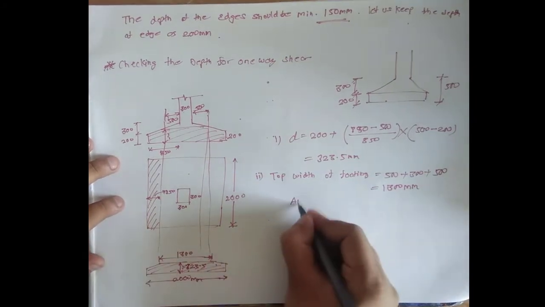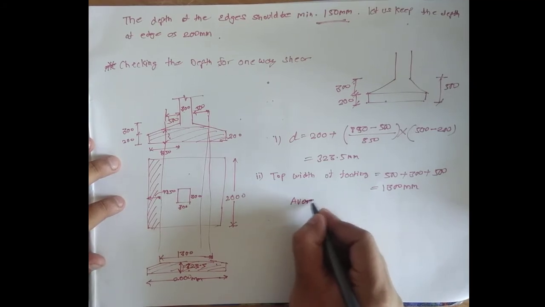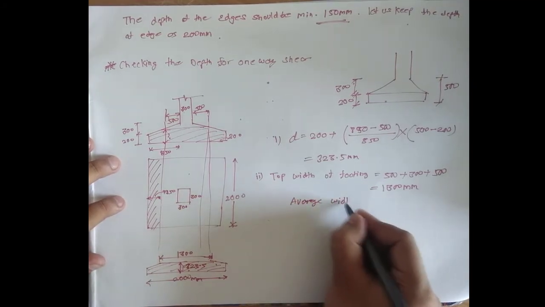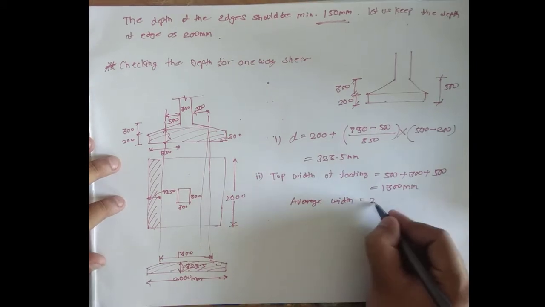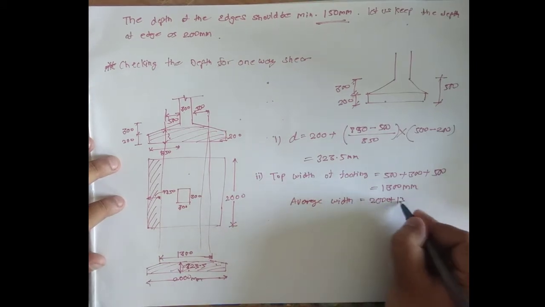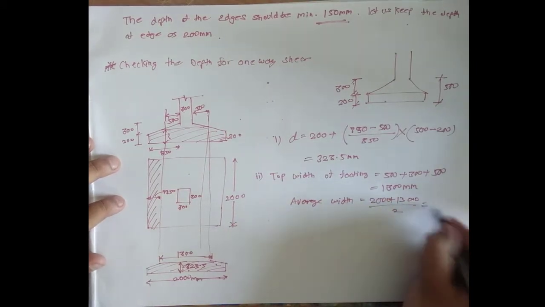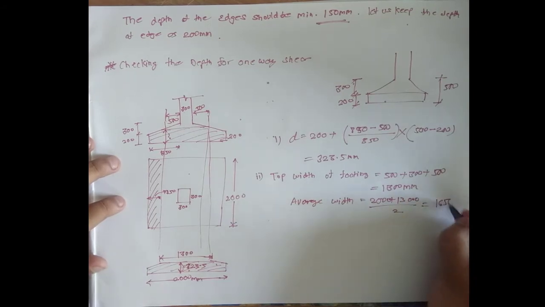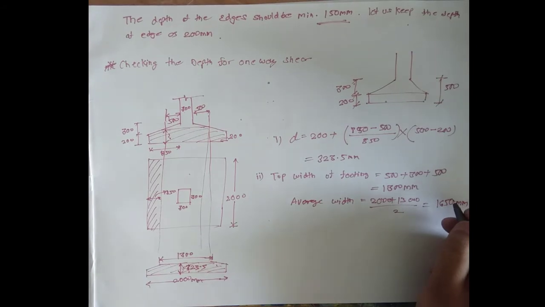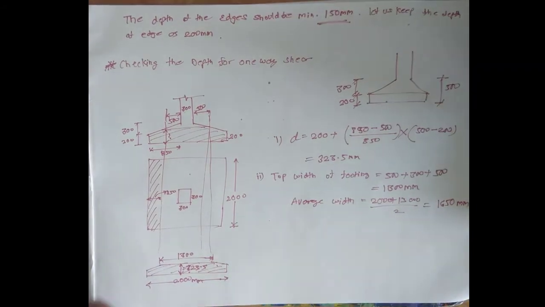So average width equals 2000 plus 1300 divided by 2, which is coming out to 1650 mm. Clear? I think up to this stage the steps are clear.